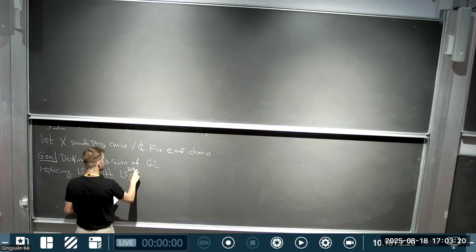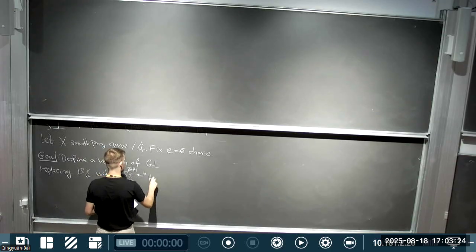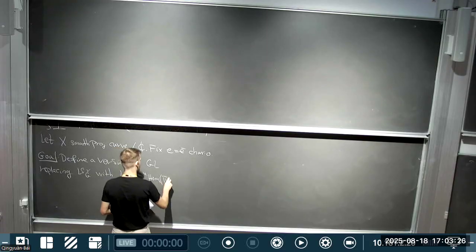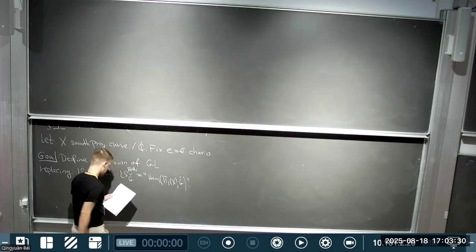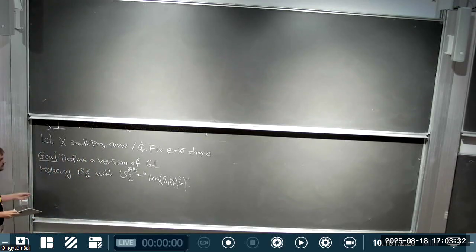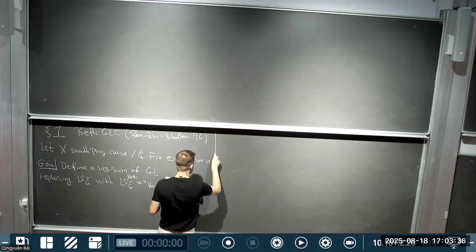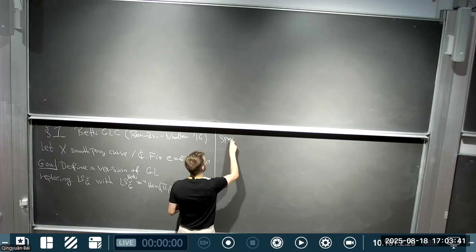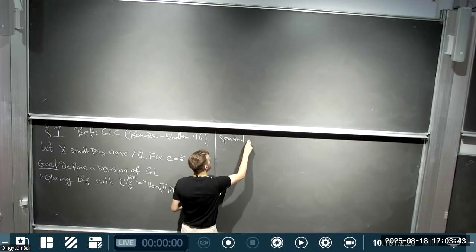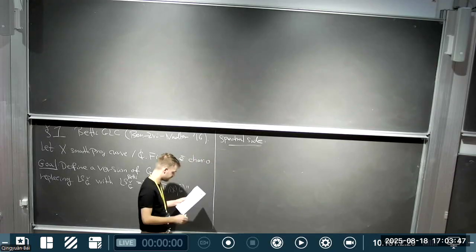We know LocSys G-check Betti to be thought of as a space of maps from pi_1 of X to G-check.